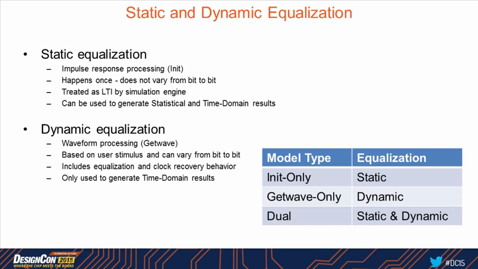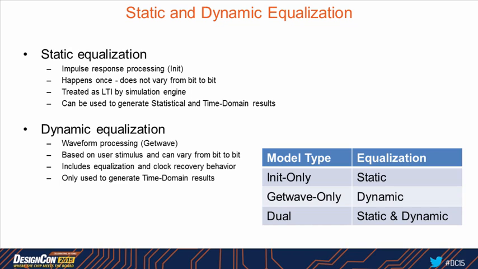In other words, a bit-by-bit result in the time domain simulator. And we'll talk about that in a little bit. But the idea at the point of this slide is just to say that when we're talking about Init or impulse response-based equalization, we're talking about equalization that is essentially static because it's always the same from the beginning to the end of the simulation.